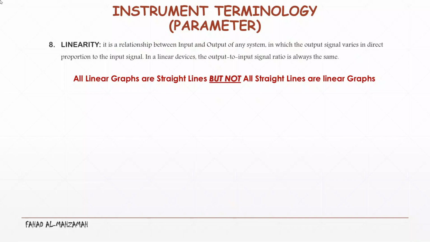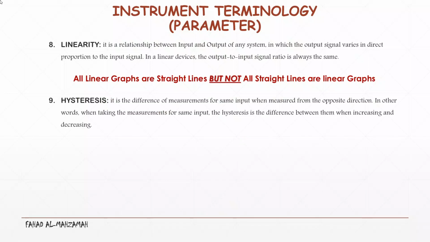Why? Because if you have a graph and this is your line, this is a straight line, but it is not linear. So all linear must be a straight line, this is for sure, but not all straight lines are necessarily linear.